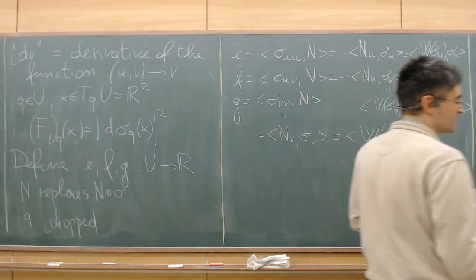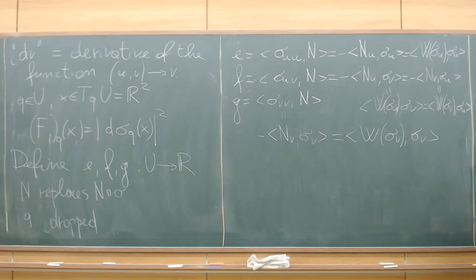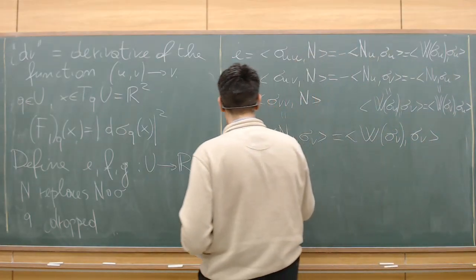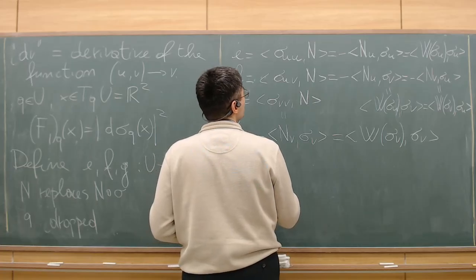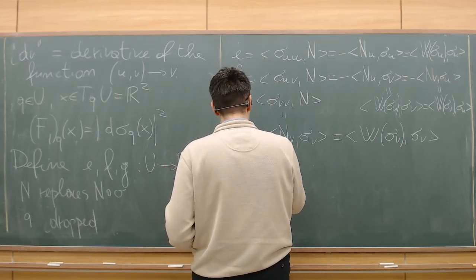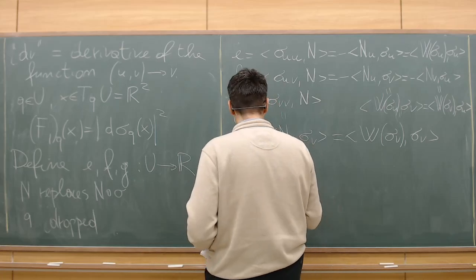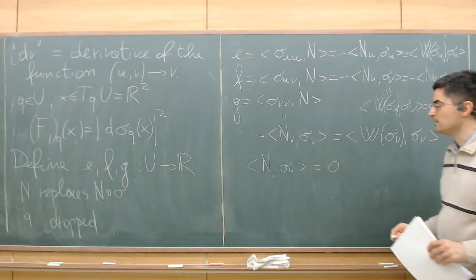Let's prove, for example, the first one. The proofs of the other identities are very similar. So if you want to prove the first one, just observe that this inner product is always 0. Why?